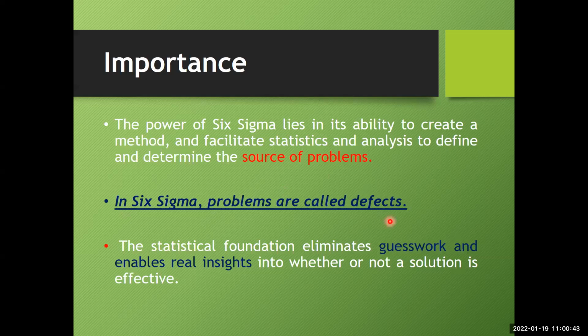Not only when you produce defective items, which is definitely a defect, but every problem is considered a defect. This is the beauty of Six Sigma practice. Whether your machine is not working, the capacity of your system is poor, utilization rates are poor, or your material handling is not proper, everything is considered a defect.